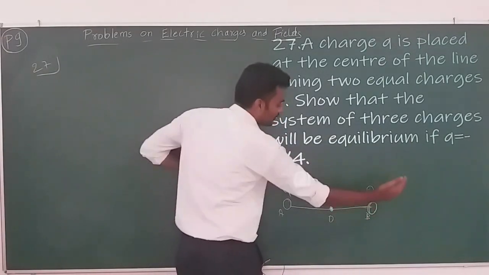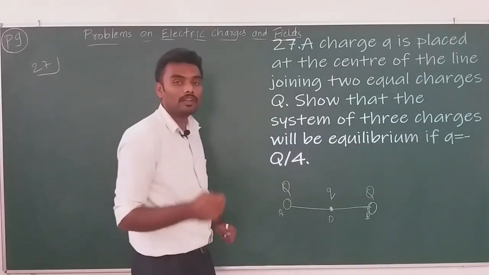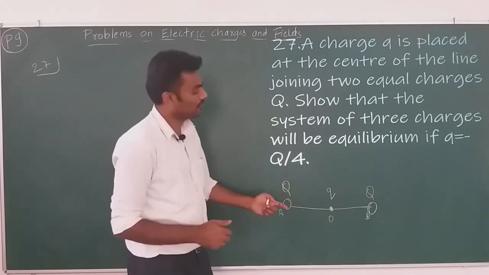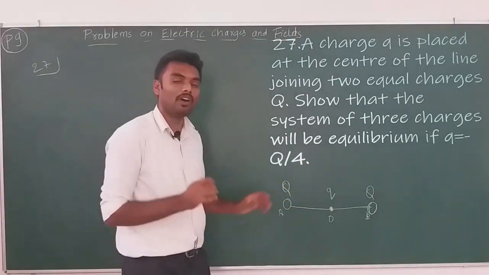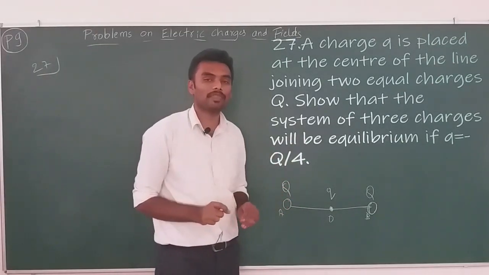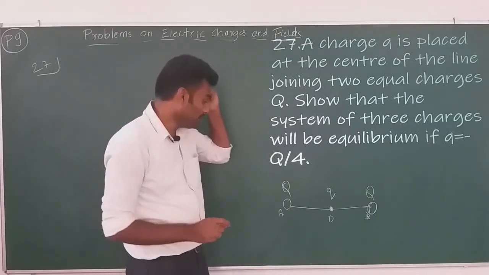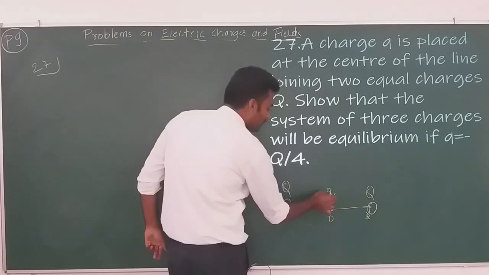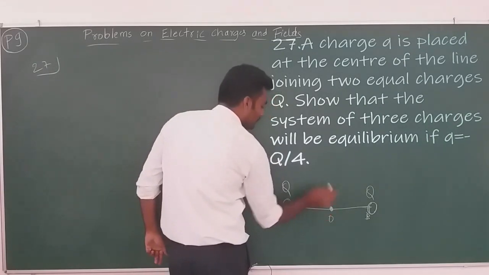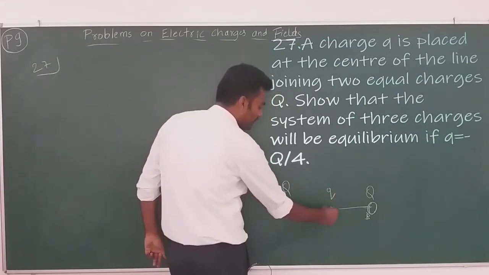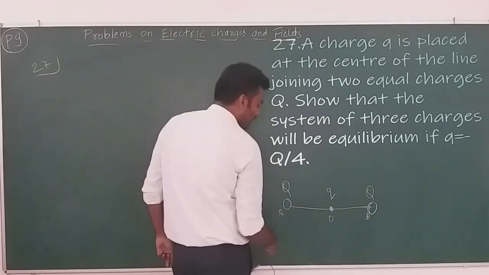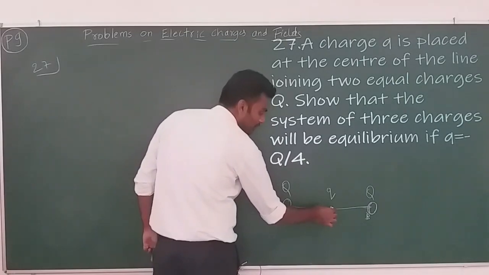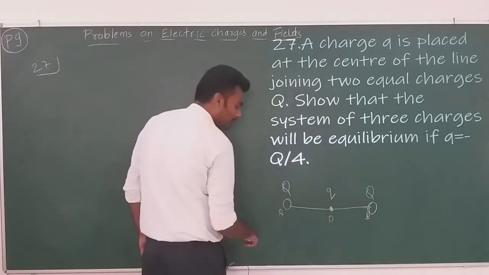Now, according to the given problem, the entire system should be in equilibrium, meaning all the charges should be in equilibrium. How is that possible? No need to worry about the center charge, whatever the charge you put, it always experiences equal and opposite forces.